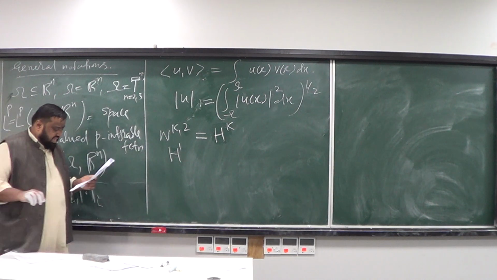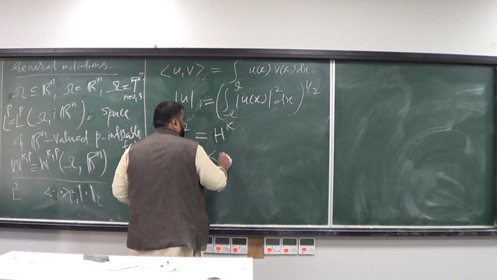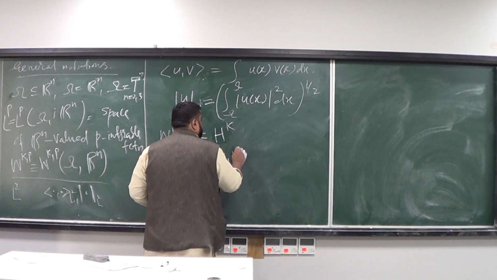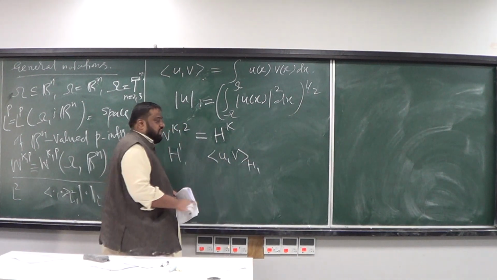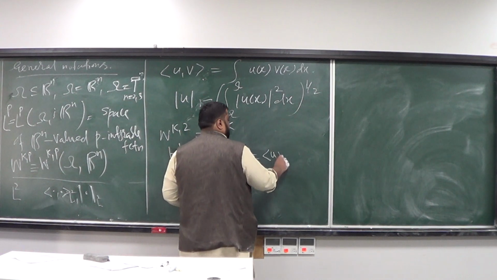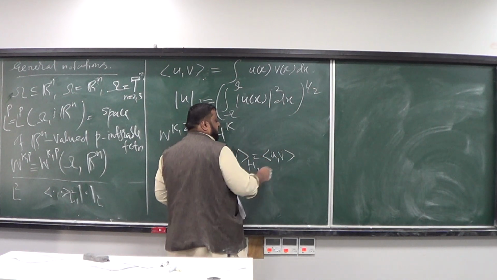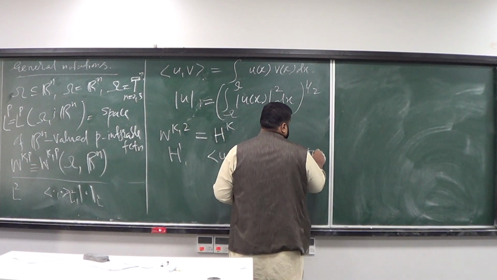What would be the inner product and norm on H1? The inner product on H1 means you take the inner product of u and v in L2 plus the inner product of gradient u and gradient v in L2.